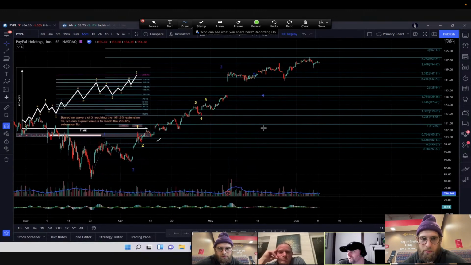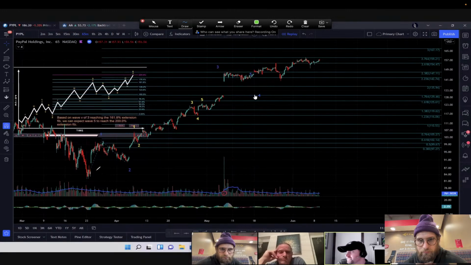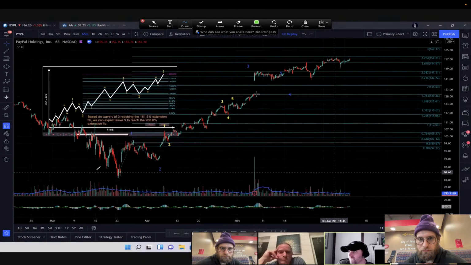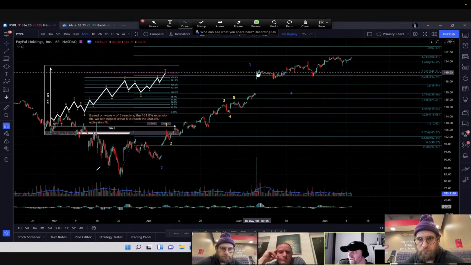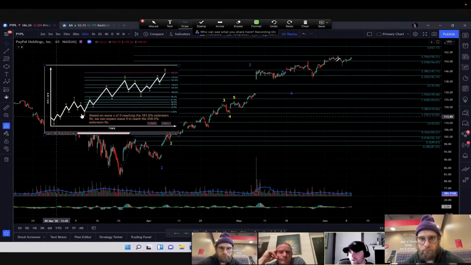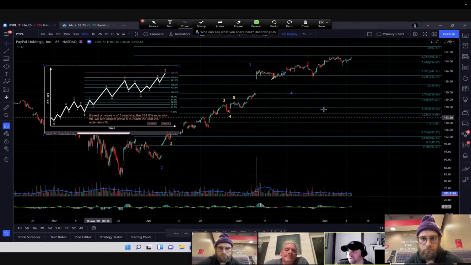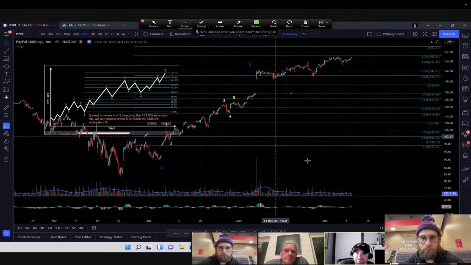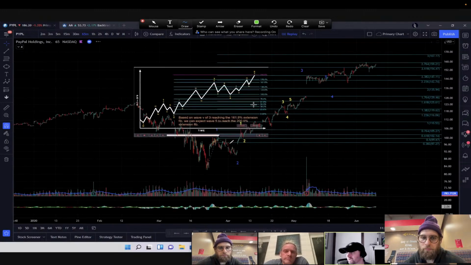And it could very well be that the entire move ended at the 1764, and now this is our wave one on the bigger scale, because it was an earnings gap. Never know. At which point we could adjust our fib somehow.